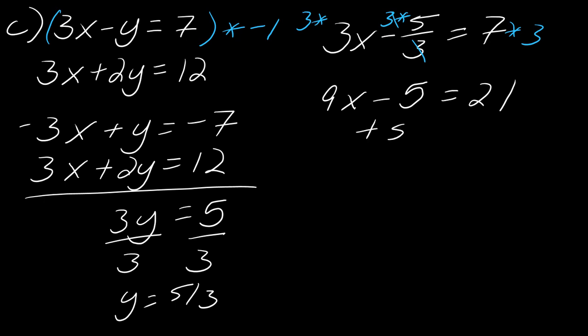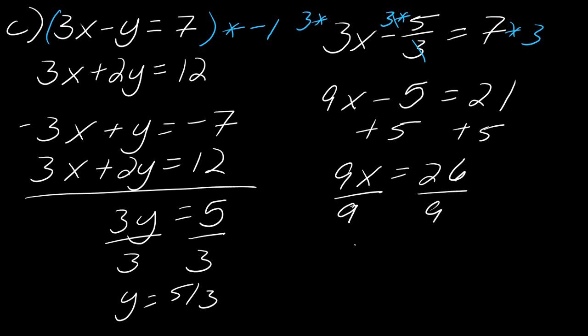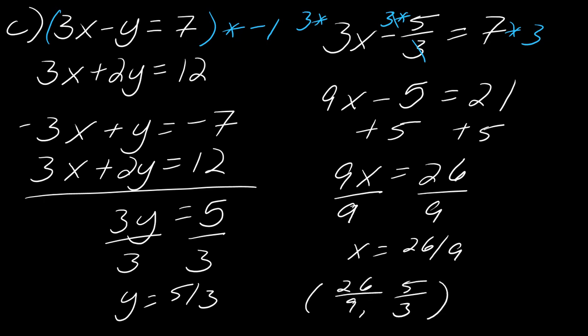So I can go ahead and add the 5 to both sides. I get 9x equals 26. Divide both sides by 9, and I get x equals 26/9. So this will be 26/9 and 5/3. So definitely not the prettiest of answers, huh?